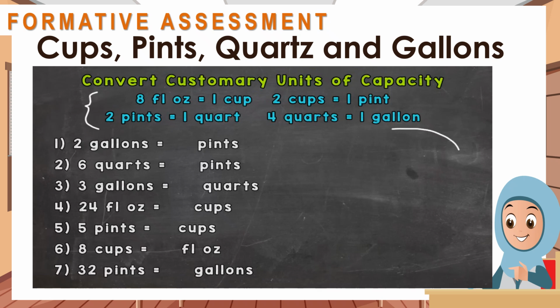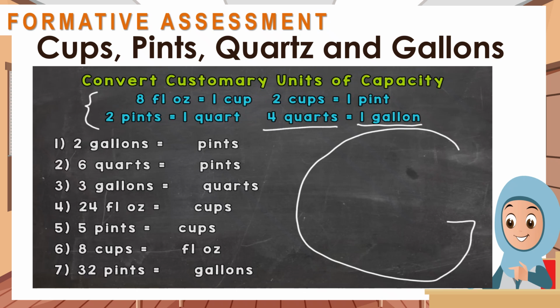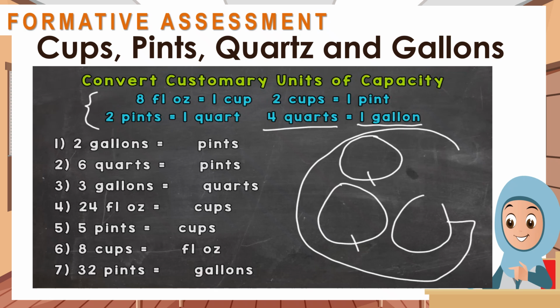So we're going to draw a big G. And that G represents 1 gallon. Next, we're going to draw 4 Q's. That represents 4 quarts equaling 1 gallon. So 4 Q's to fill that gallon.